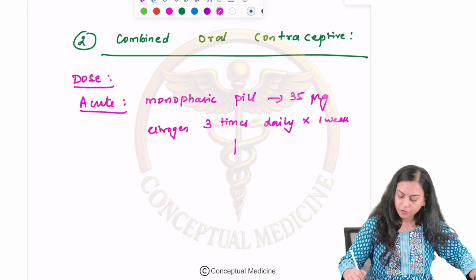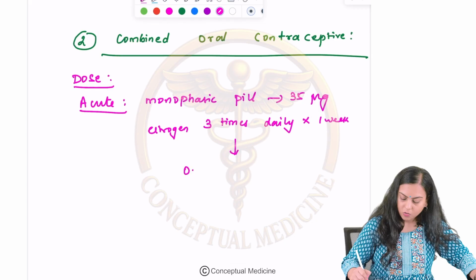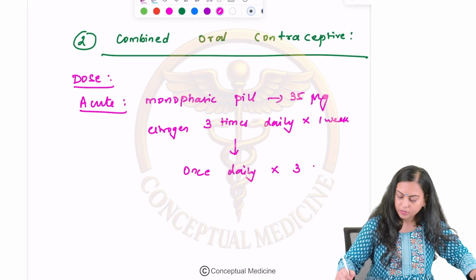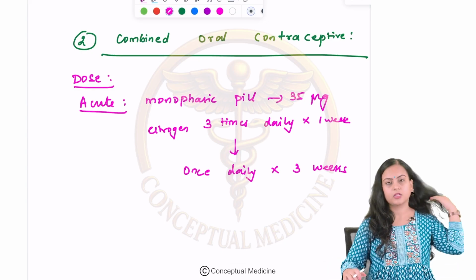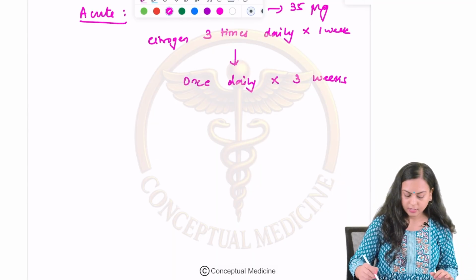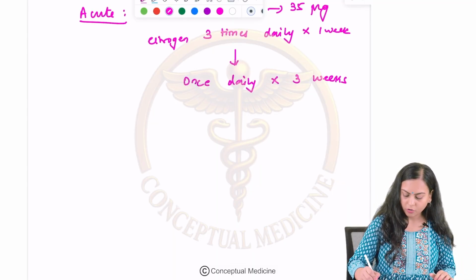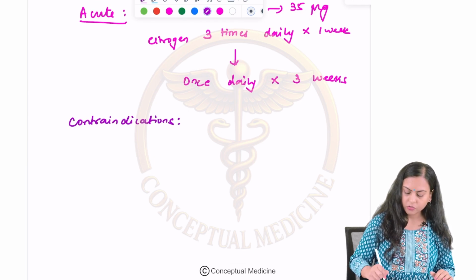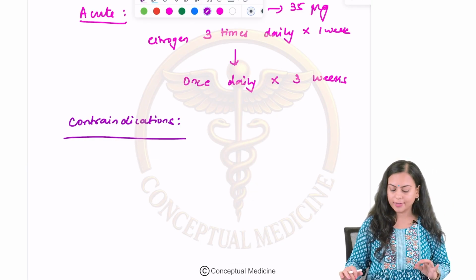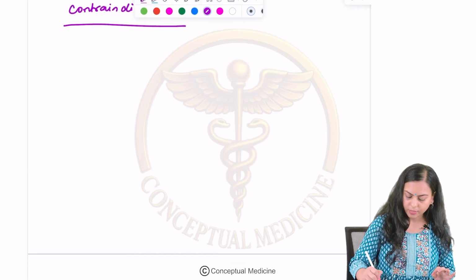Okay, this can be followed by once daily for 3 weeks. Okay, so 1 week and 3 weeks. Okay, and what are the contraindications? So contraindications, there are so many contraindications. I am listing you only a few of the important ones.